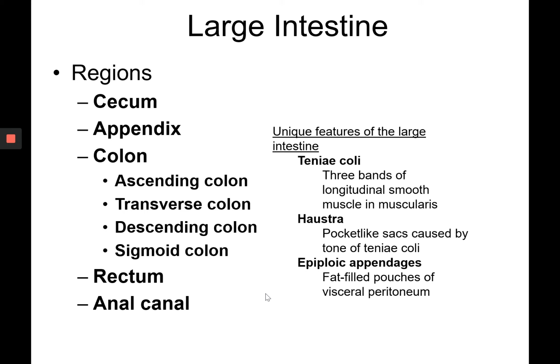Haustra are going to participate in strong segmental contractions that occur in the colon to move food from point A to point B. Food is actually considered feces by the time it moves into the large intestine. So as it moves from the ileum to the cecum, the food is now officially feces.